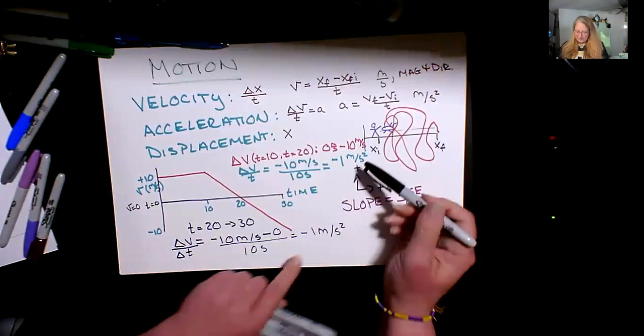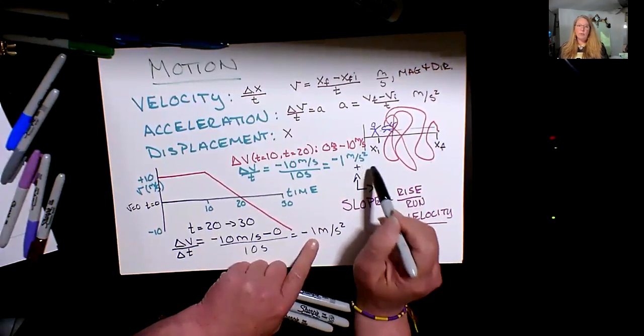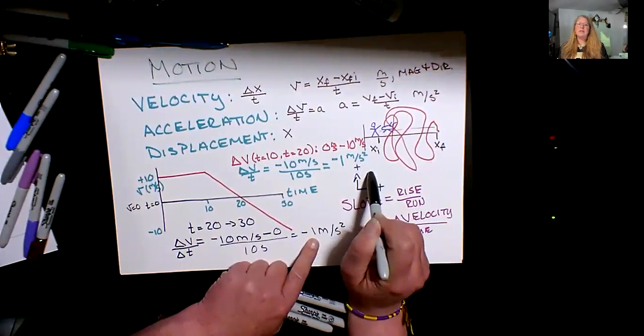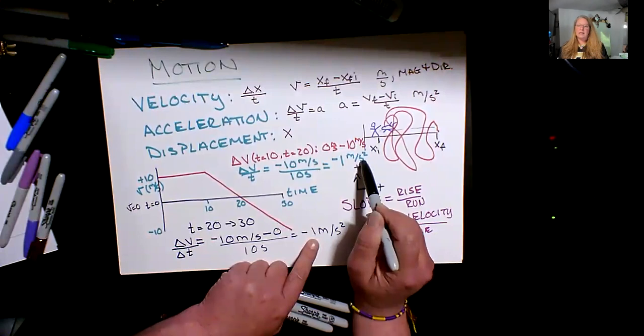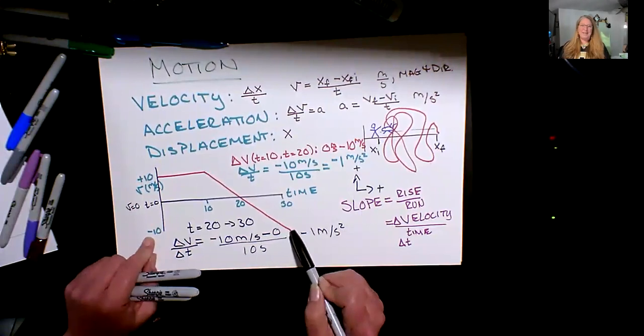So that feels like exactly the same result. In fact, it is. But there's one very important distinction to make here. A negative acceleration does not always mean you're slowing down. Even though these answers are exactly the same, this one is negative because I ended with a negative velocity.